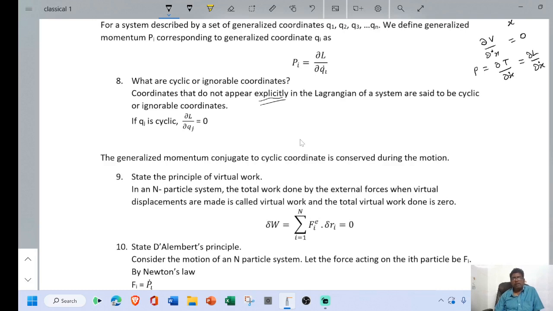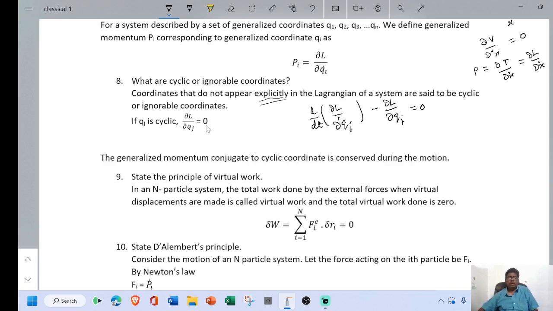If qj is cyclic, then dou L by dou qj equals 0. We know the Lagrangian equation: d by dt of dou L by dou qj dot minus dou L by dou qj equals 0. This is our Lagrangian equation.